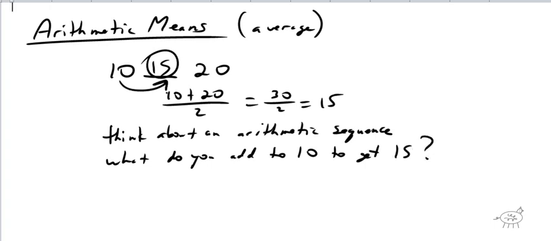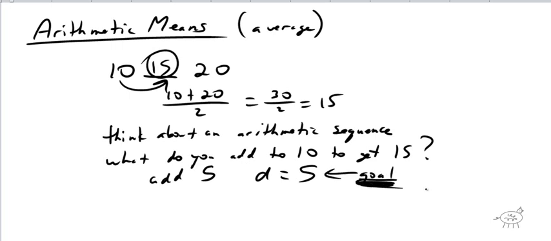So what do I go from here to here? Well, I add 5, right? So in this case here, if you think about it as an arithmetic sequence, D is equal to 5. So math fans, this is our goal. When we're finding the arithmetic mean, our goal is to find the value of D.